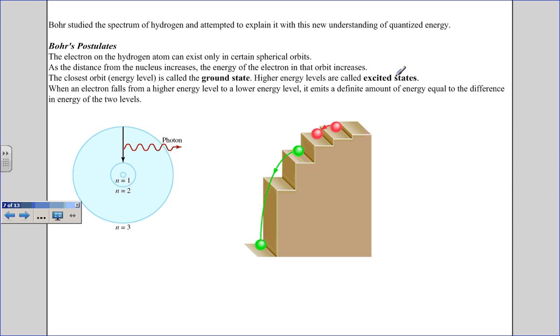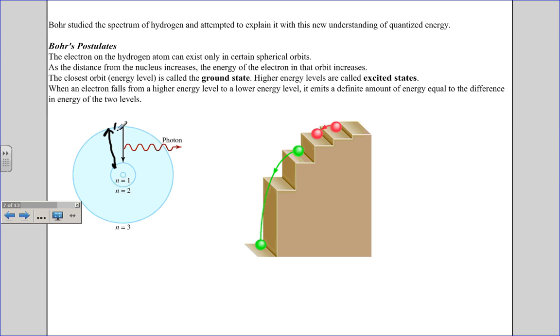So when we put those hydrogen atoms into a glass discharge tube and we apply electricity, what happens is the electrons in that atom are able to become excited. So in this little diagram here, if we have an electron on the second energy level, if I give energy to this electron, it's going to be able to jump to a higher energy level.